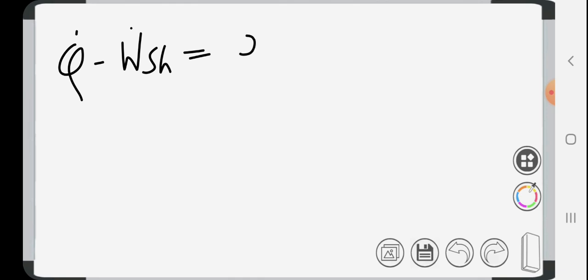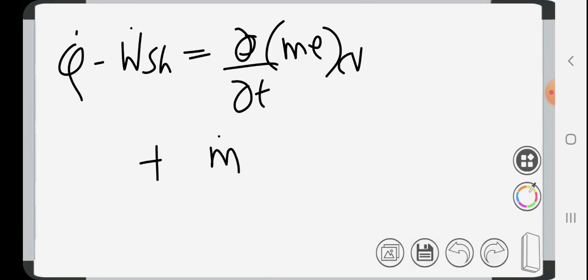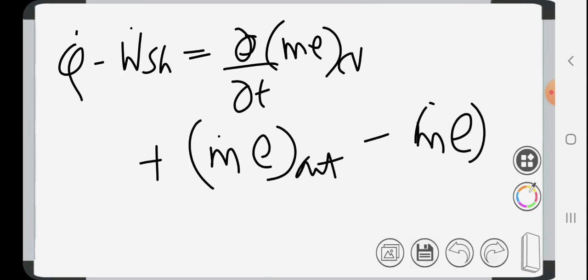Actually here, since ∂/∂t of m e of the control volume plus m dot e out minus m dot e in.